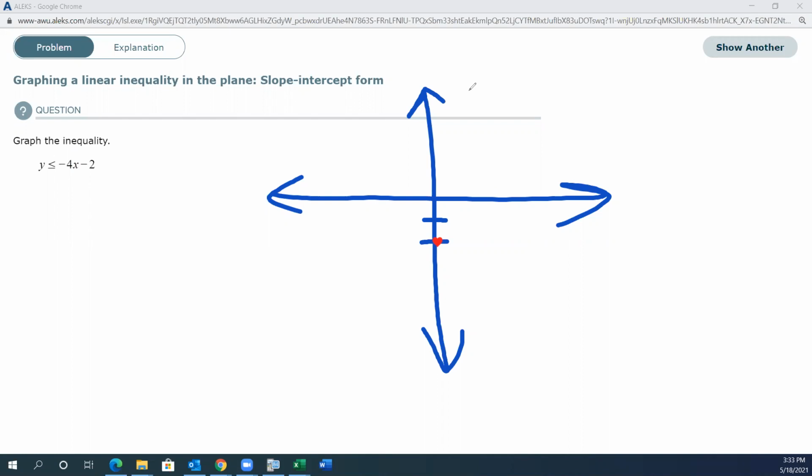It's easier to graph when the slope is written as a fraction, so I just put a 1 underneath it. Slope is always rise over run. From the point we've already graphed, we rise -4, so down 4. If it was +4, we'd go up.